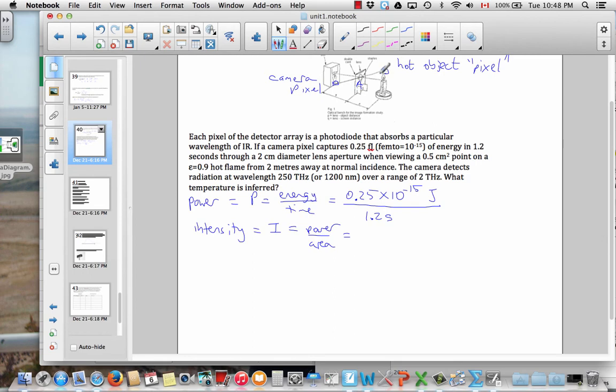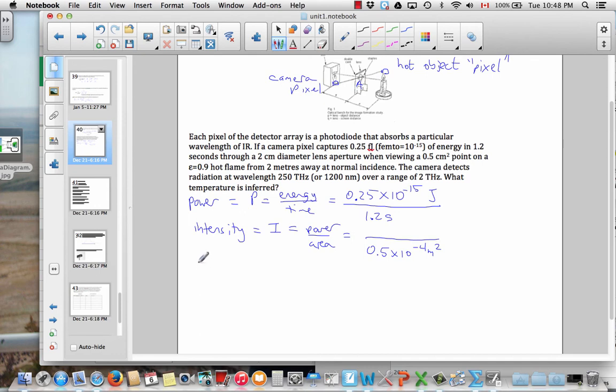So that's the energy per time coming from this little object, and we're going to divide by the amount of area that that little object had, which is given here as 0.5 square centimeters. So we'll take the power and divide by 0.5 square centimeters, which is 0.5 times 10 to the power negative 4 square meters. So that'll give you the intensity of the radiant energy coming from that point on the candle flame.